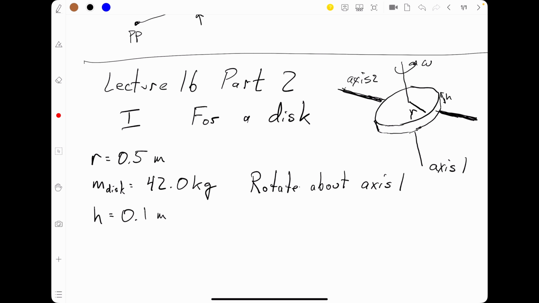Moments of inertia, rotational motion. Doom, doom, doom, there it is. Making connections. Figure 10.11.